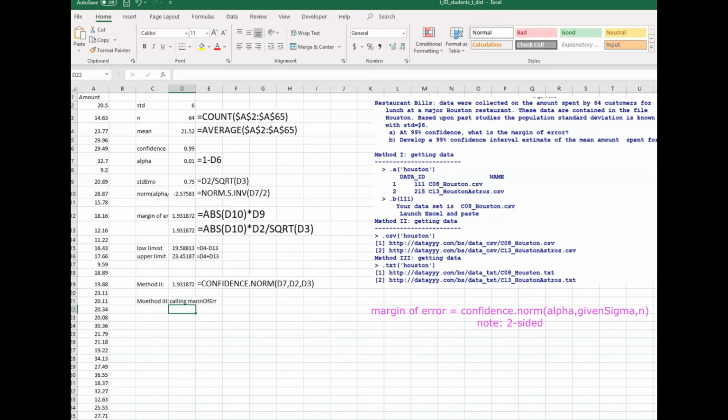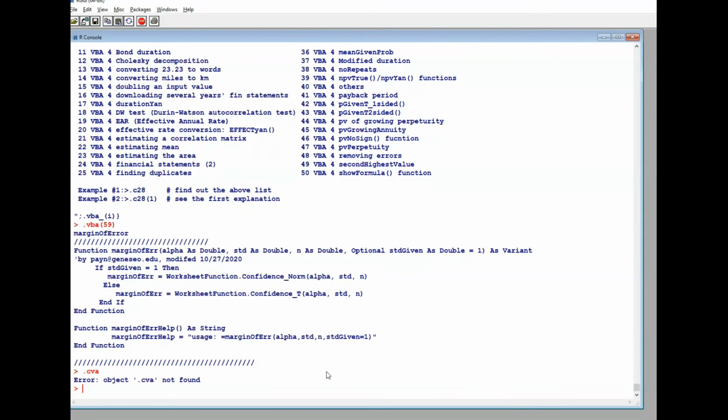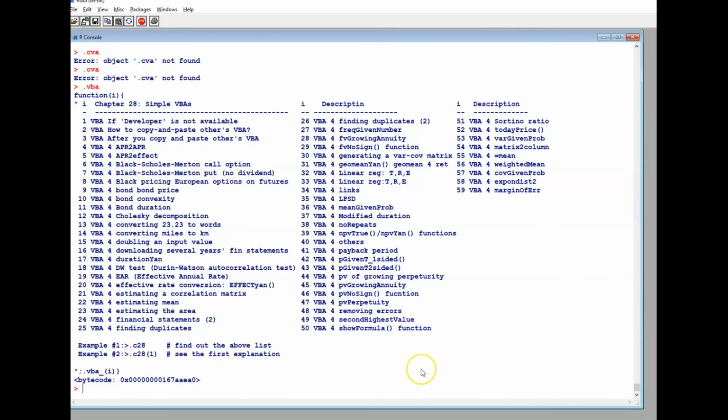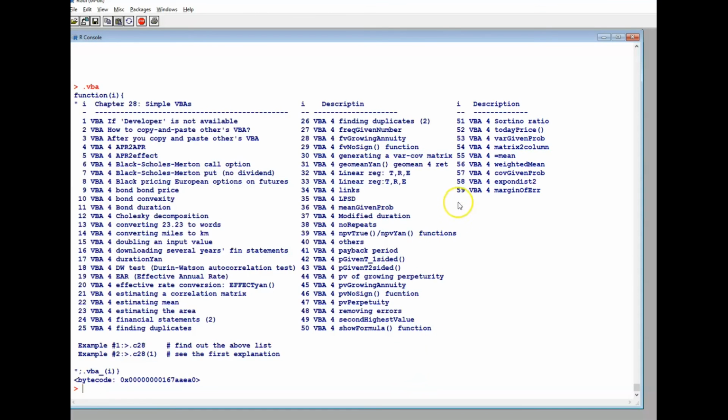So let's get to the VBA. Let's go to R and click VBA. So for the VBA, let's clear it. Go to R, click VBA. This is 59, VBA for margin of error.